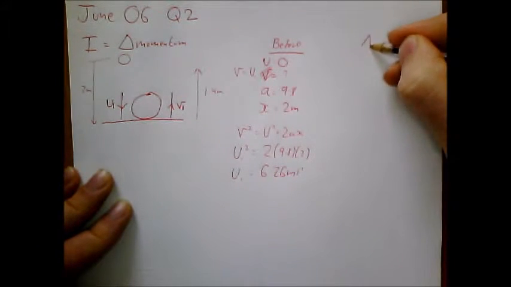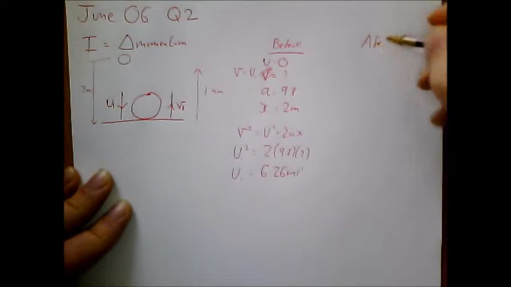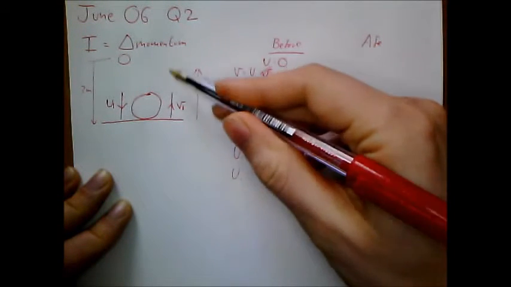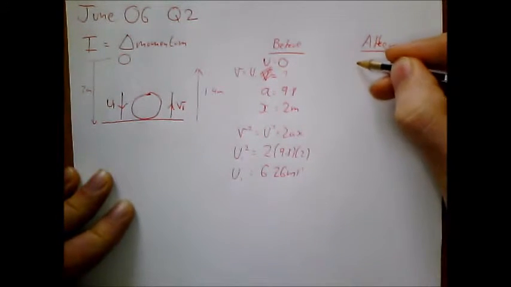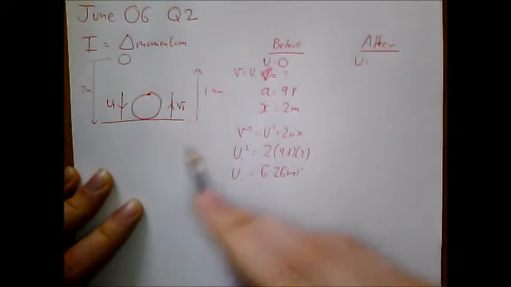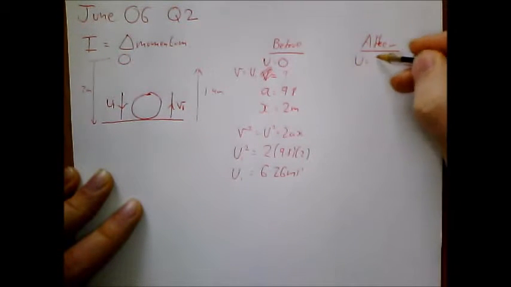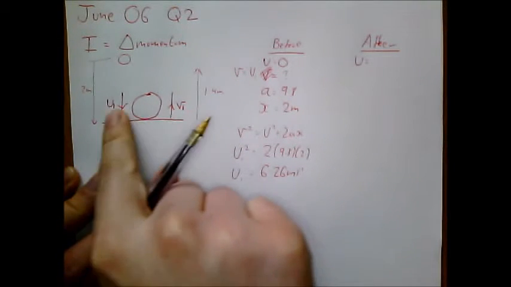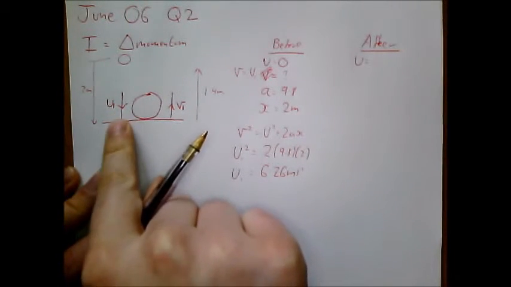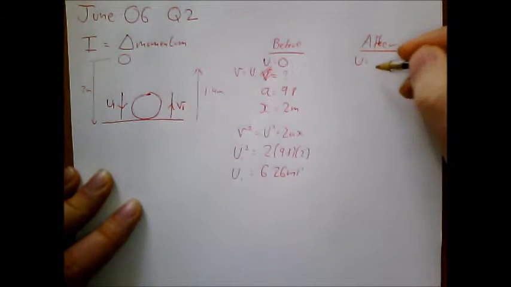Now let's have a look at the after situation, because we want to know the speed it bounces back up at, so we can work out its change in momentum. For the after situation, we want to find its initial speed u. It's not the one we just calculated, because some of this will be lost in the collision. So it's not this one. This is what we want to find.